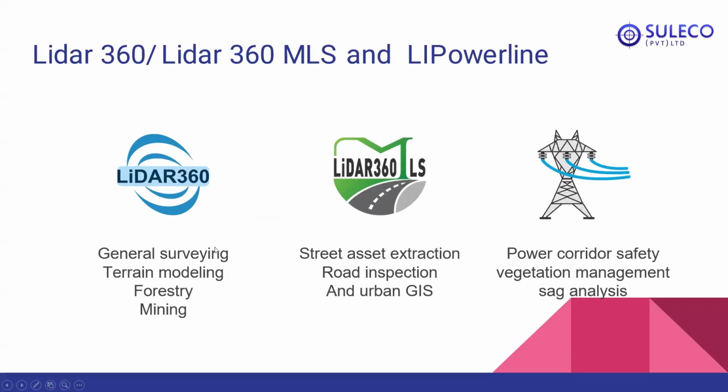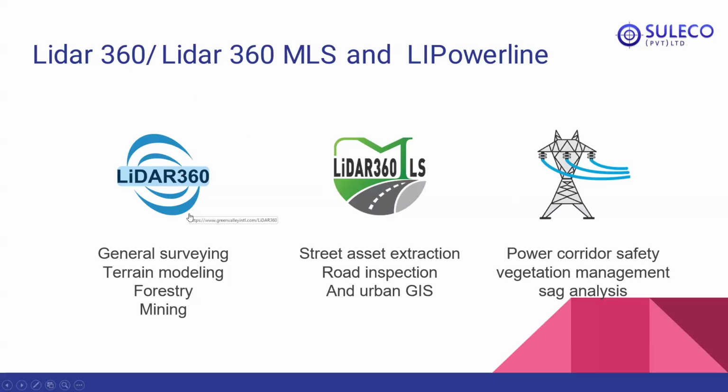We have three software products from the Green Valley International company. The first one is LiDAR 360, the second one is LiDAR 360 MLS, and the third one is LiPowerLine software.